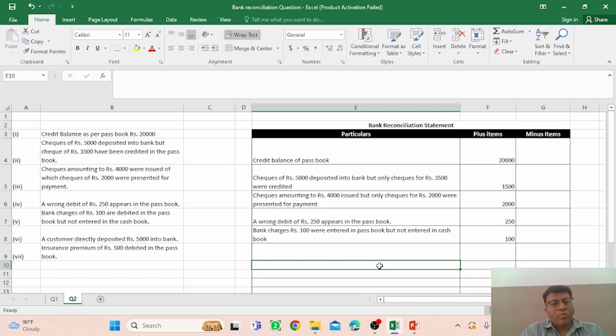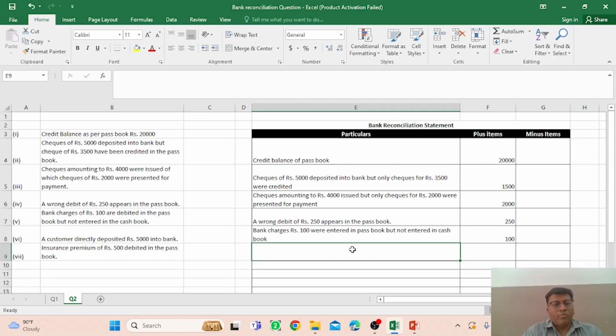right? A customer directly deposited rupees 5,000 into bank. So what is the impact of this transaction? The bank balance was increased, but there is no information with the organization, right? So there is a less balance.